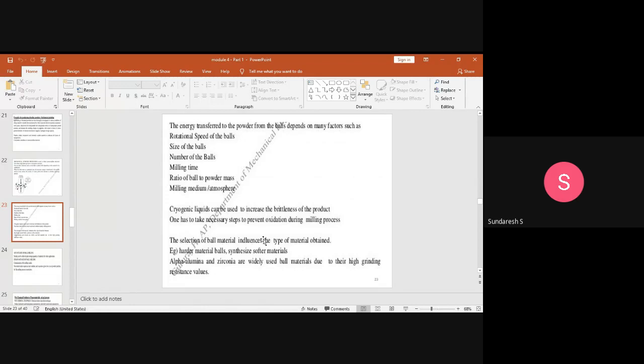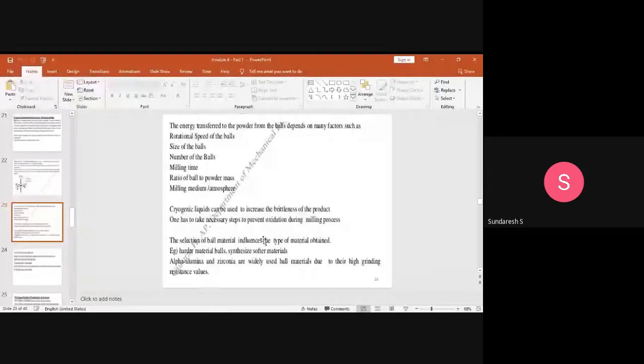Okay. So cryogenic liquids can be used to increase the brittleness of the powder. One has to take necessary steps to prevent oxidation during the milling process. That's what I told you, which will be carried out in an inert atmosphere. So cryogenic liquids are used to increase the brittleness of the powder.